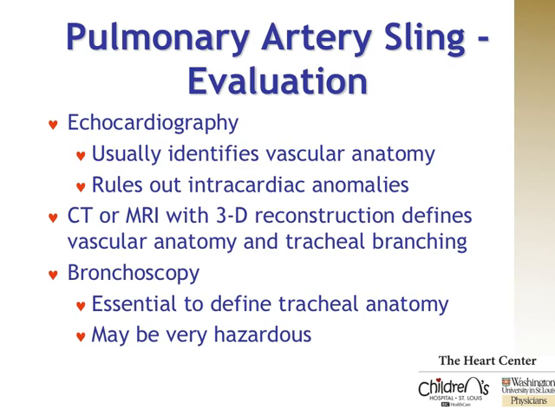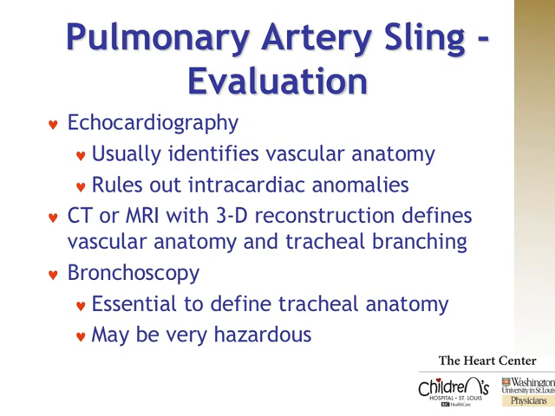CT or MRI with 3D reconstruction is going to be very useful for defining the vascular anatomy and the tracheal branching. I don't rely on these studies to identify the presence of a true tracheal stenosis. CT and MRI can't really well differentiate tracheal stenosis from tracheal compression, and they don't have the resolution to really see complete tracheal rings.